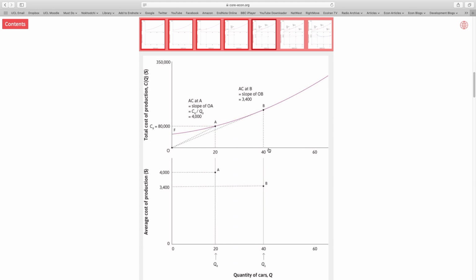But if we decide to increase our production further from 40 to 60, our average cost starts to increase from $3,400 to $3,600. So, if we depict our average cost curve, the blue curve here, we see it is U-shaped.